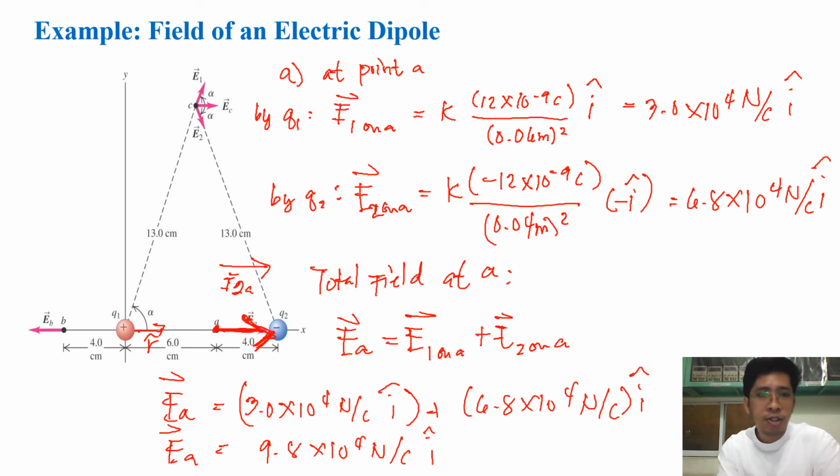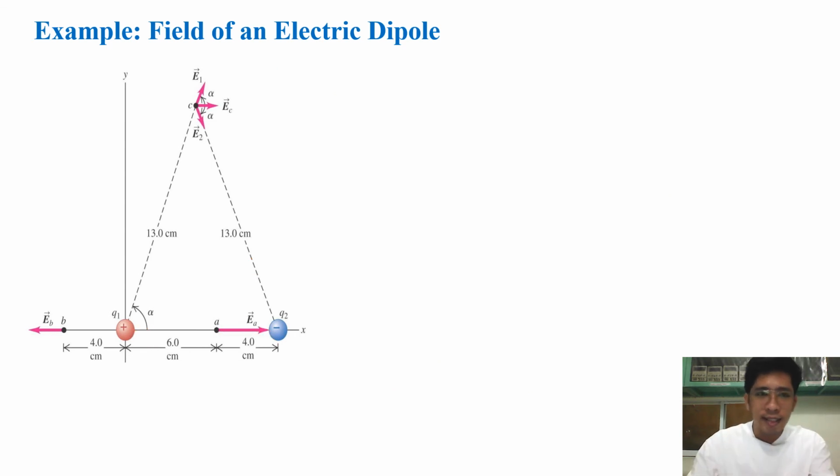Okay, so that's your total field at point A. Now let's continue with the problem and solve for the field caused by Q1 and Q2 at point B. This time you're going to find the electric field at this point here, caused by Q1, then caused by Q2, and then caused by both source charges.